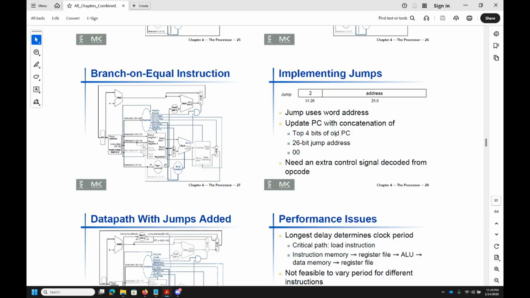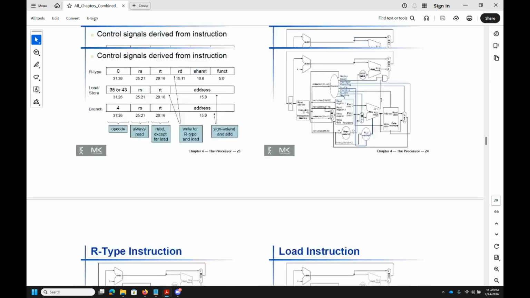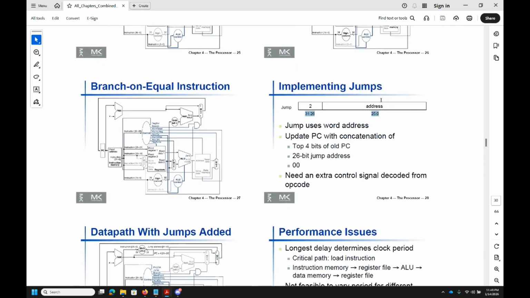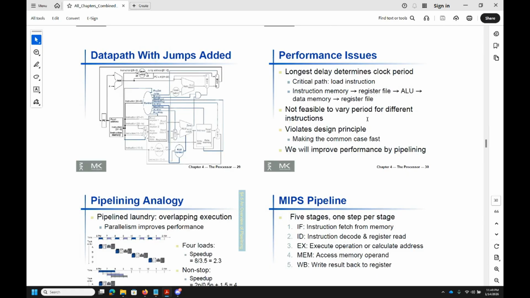You can implement jumps. Jump instructions are very simple because you only need two things. One is the jump keyword itself, and the other is a very large address for where to jump to. So they're not an example of an R-type instruction. They don't involve registers. They just involve addresses.